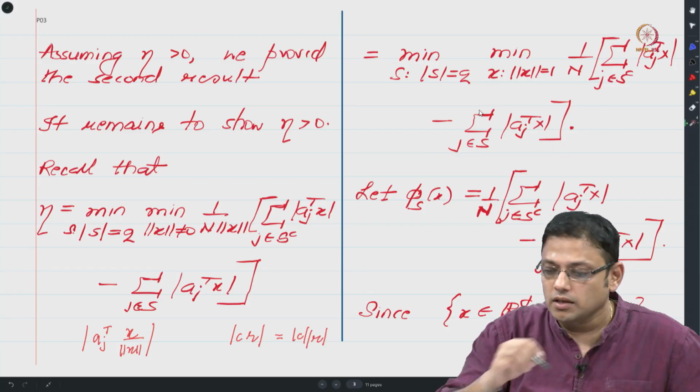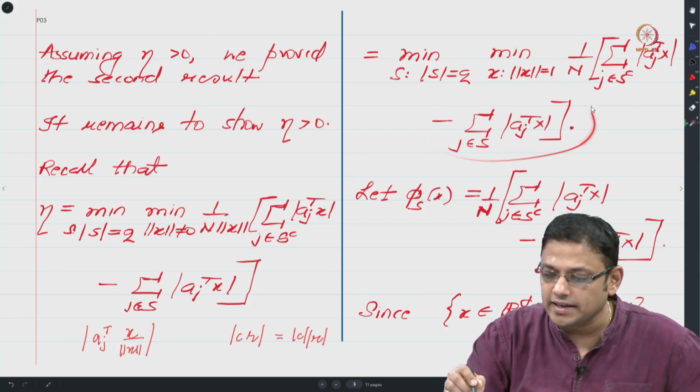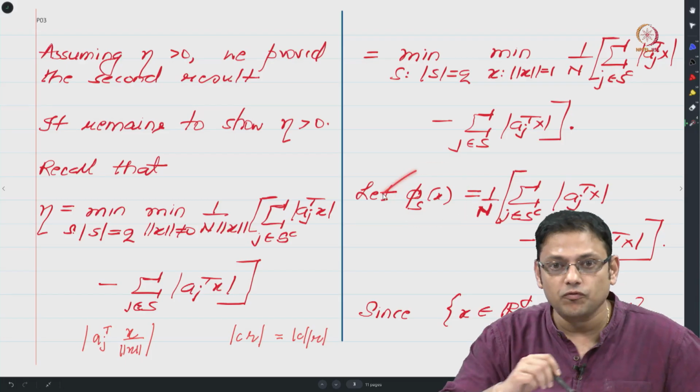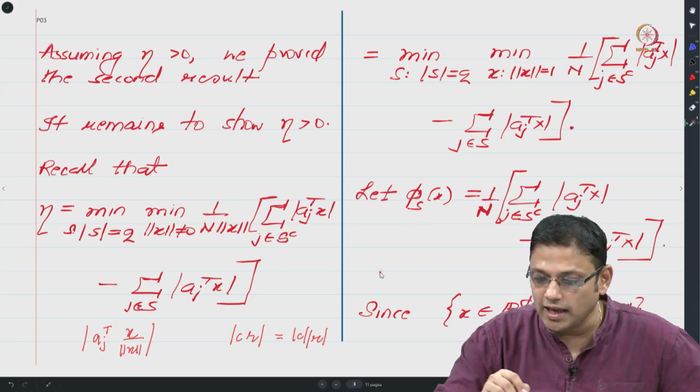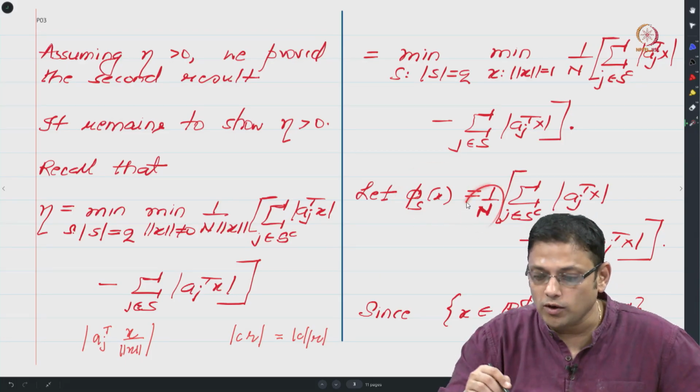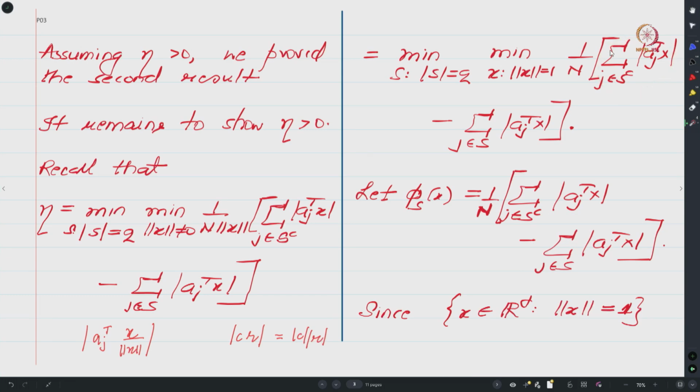Is this okay? Now whatever is there inside, let us call it phi_S of x. So phi_S of x is basically 1 over n times this summation minus this summation, right. Since we are taking the min over x such that norm of x equals 1, let us collect all such x's, and it is easy to see that this set is compact.